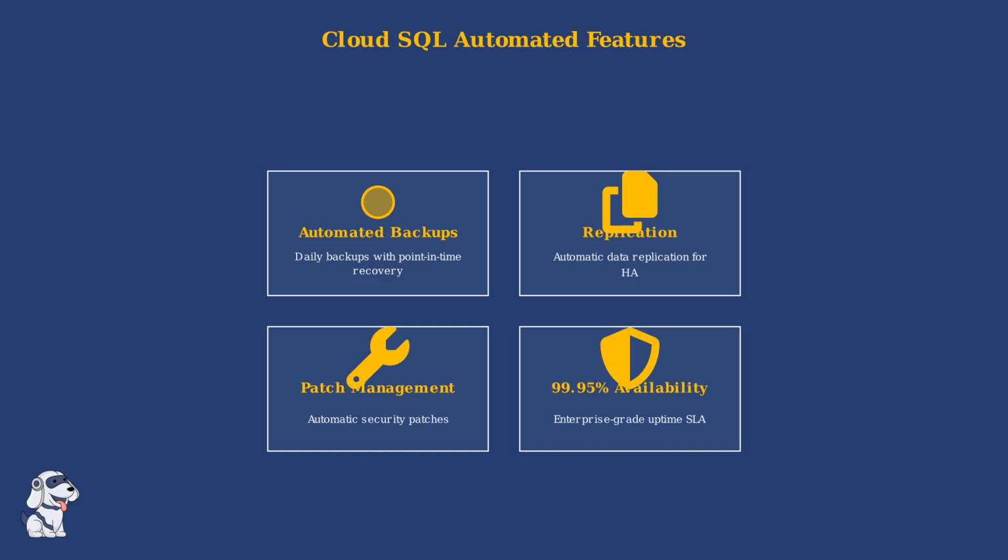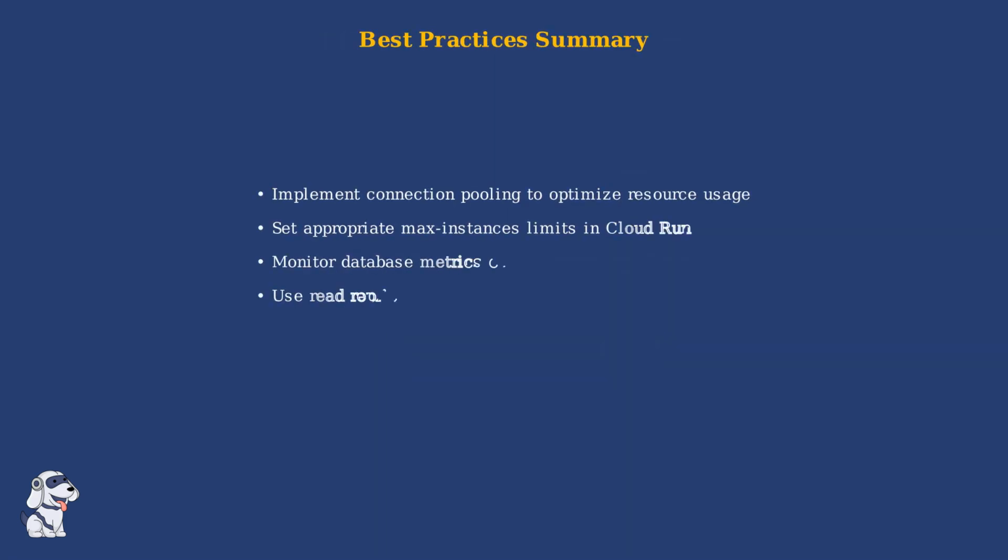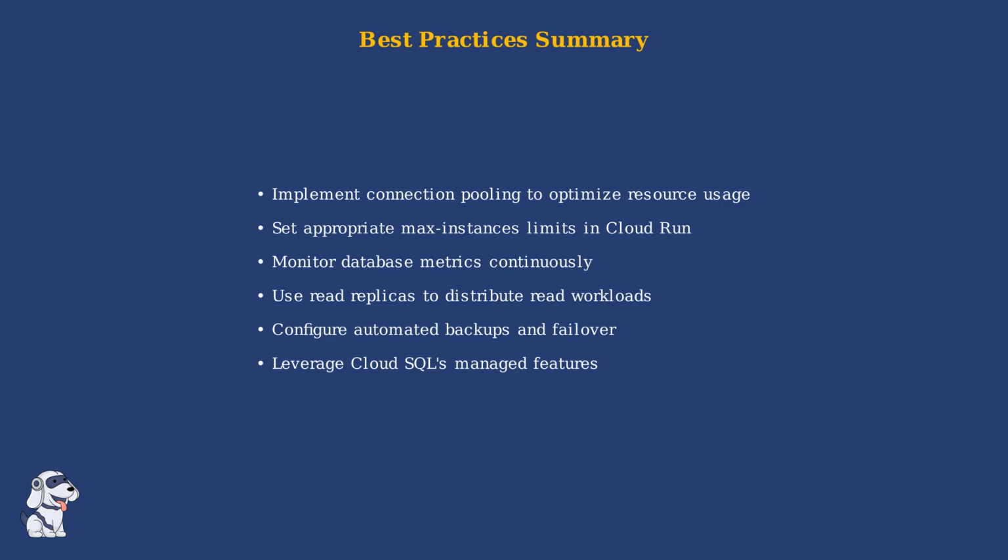These include automated daily backups with point-in-time recovery, automatic replication for high availability, seamless patch management, and a guaranteed 99.95% availability service level agreement. By implementing these best practices, connection pooling, concurrency management, continuous monitoring, read replica distribution, automated backups, and leveraging Cloud SQL's managed features, you can ensure a scalable, reliable, and efficient database integration for your applications.